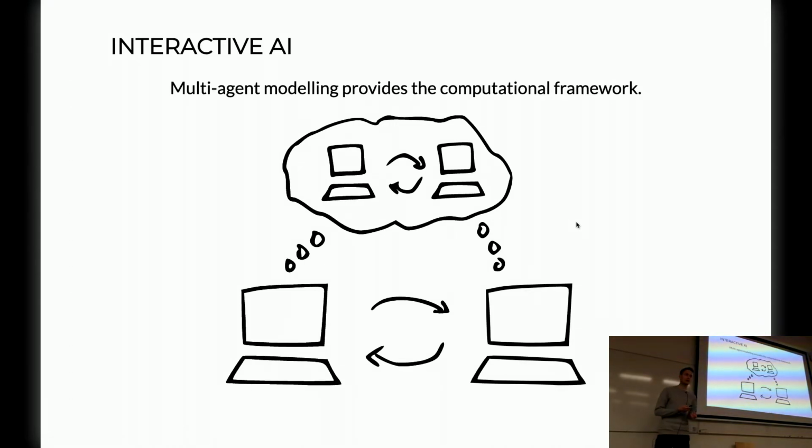And now how to go about this? One approach is to use multi-agent modeling, which is a nice framework for two or multiple AI agents to collaborate. So now the idea is that the machine can use similar models to model humans, maybe with some additional components.